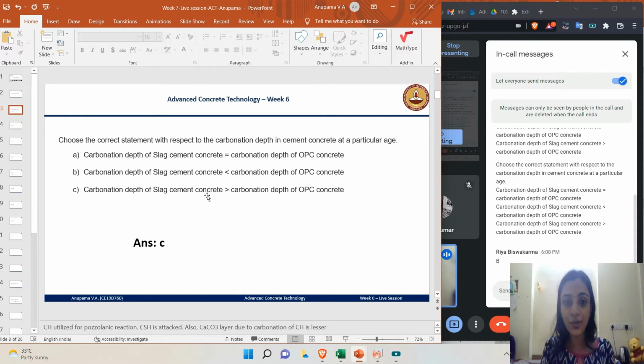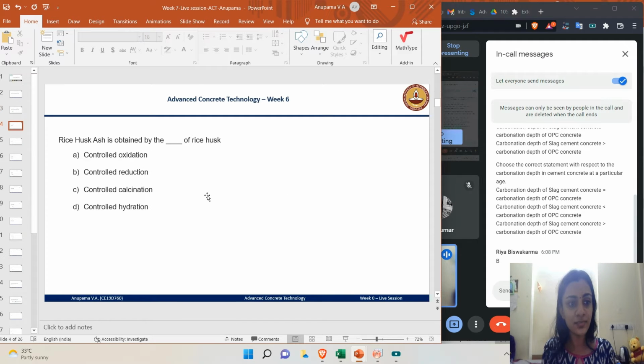If X amount of portlandite is available in the OPC system, there will be less than X amount in the case of slag cement. This is very bad in the case of carbonation. So the carbonation depth actually increases in the case of SCM-added or mineral admixture-added concrete. That is why the correct answer is C.